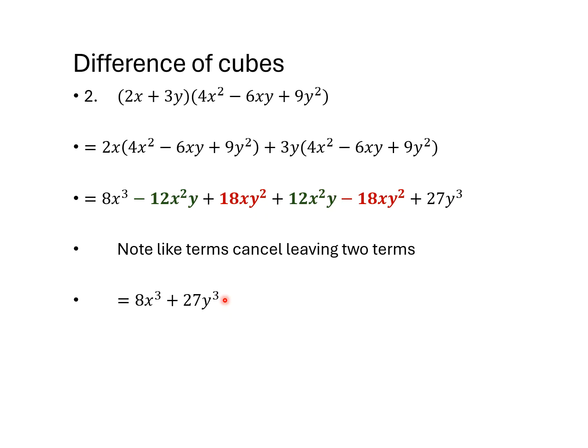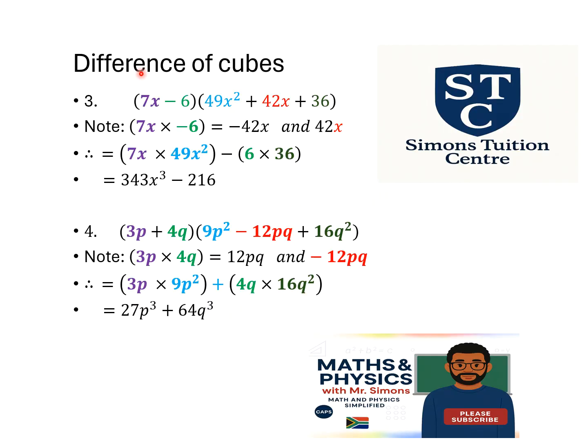Alright, let's look at the next problems. Number 3, difference of cubes. I can see 7 times 7 would give me 49. X times x, x squared. Negative 6 times negative 6 would give me positive 36. But the key thing I'm looking at, 7 times negative 6 gives me negative 42x, and I have plus 42x, so those two are additive inverses.